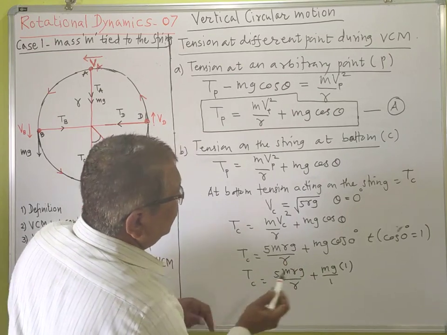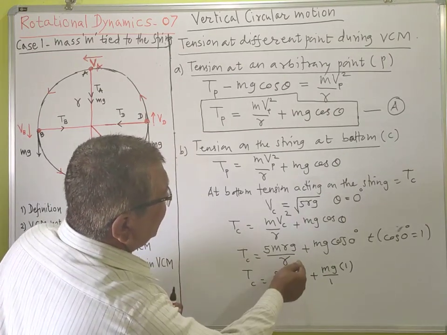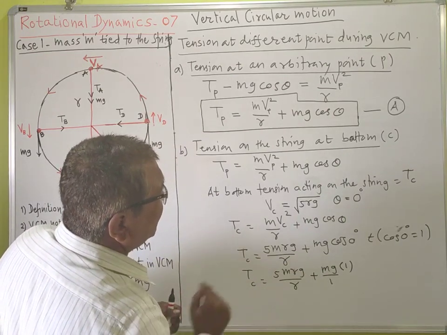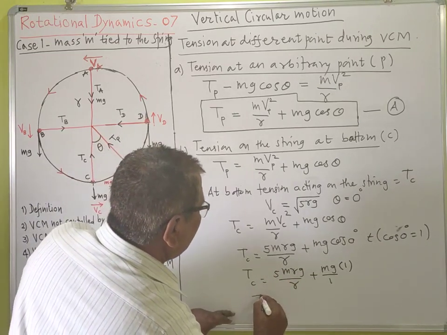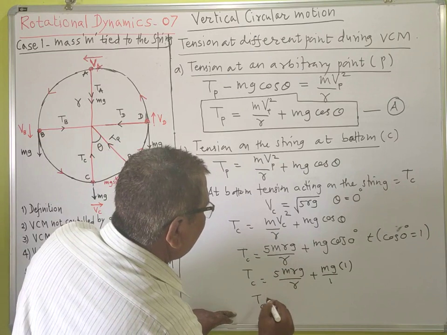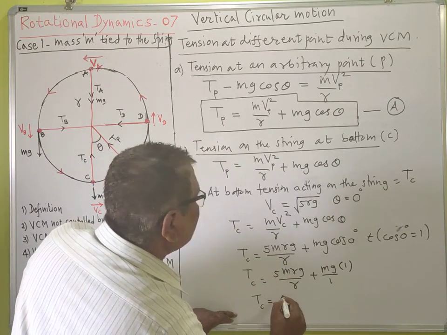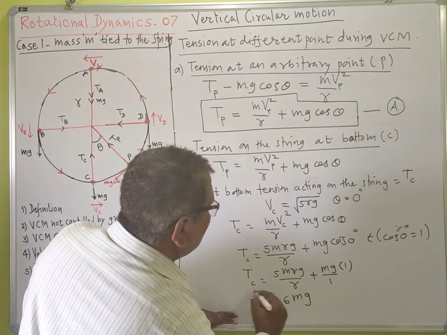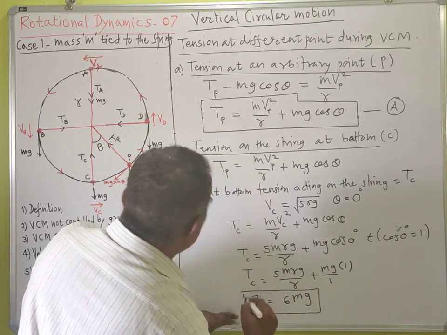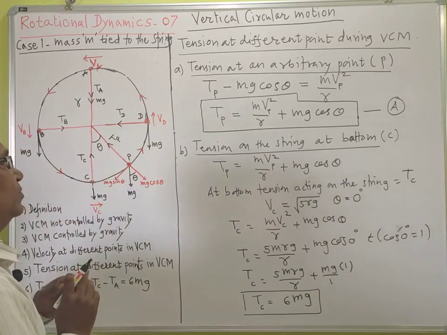Don't erase it, only imaginary we erase. This r will cancel with this r, this 5 mg plus this mg, we get the tension acting on the string at bottom, Tc is equal to 6 mg. This is the tension acting at bottom.